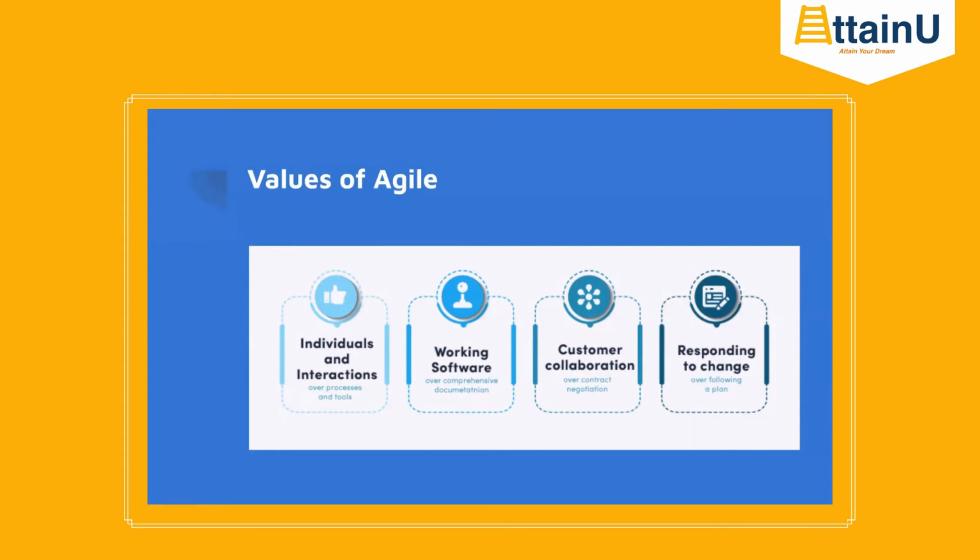We can improve in this, and these are the specific things that can be improved. So customer collaboration plays a very vital role in Agile, and that makes your software even better, because in waterfall you were not involving customers until you developed the whole project, right?